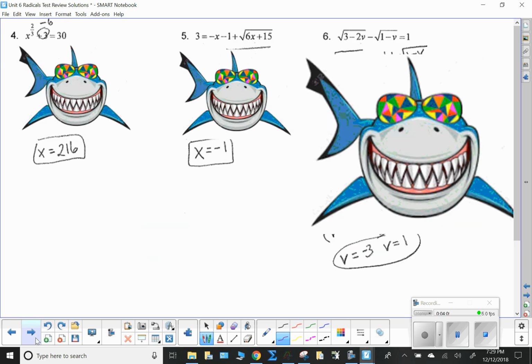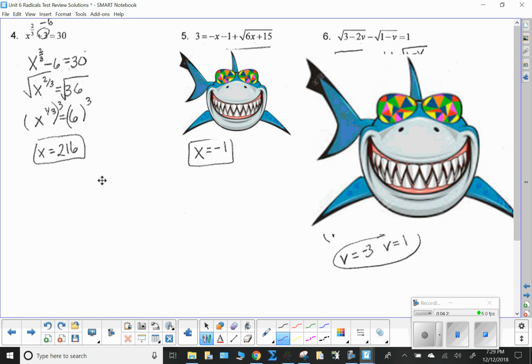Number 4. Here you've got x to the 2/3 plus 3 equals 30. I believe my little indication there is I changed that, just so you know. You have minus 6. So the first thing I did was I added 6 to both sides.